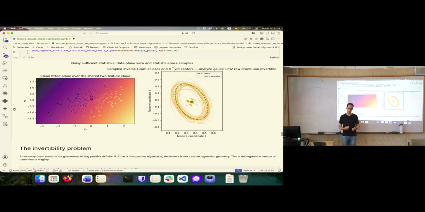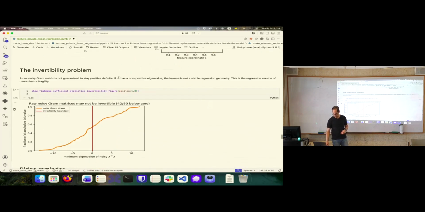Well, notice that if I had a direction that was truly degenerated, not truly meaning zero, but very small, once I added noise, it might become zero. So even a positive definite matrix, even if the matrix was full rank, and in all directions I had some signal, once I added noise, it might have canceled that signal. And now a matrix that before was invertible is no longer invertible.